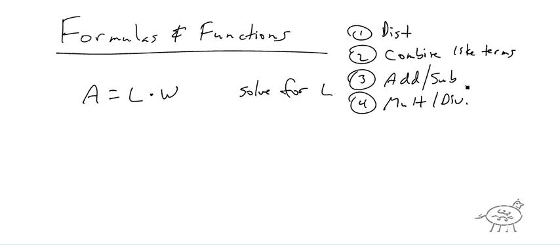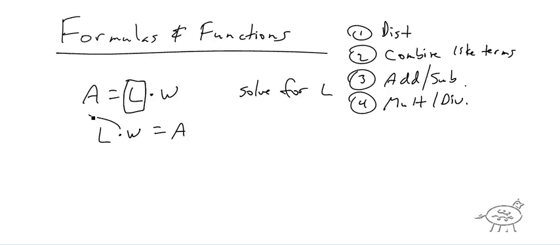Well, look at this problem. Back in the day, you just had numbers and letters. For a lot of these problems, I'm just going to have all letters, but you treat it all the same. If I'm solving for L, this is the first step: as I told you before, when you're solving, you want to put the variable on the left-hand side. It just makes more sense. So I'm going to rewrite this as L times W equals A. It's multiplication, so in order to solve for L, don't you do the opposite?